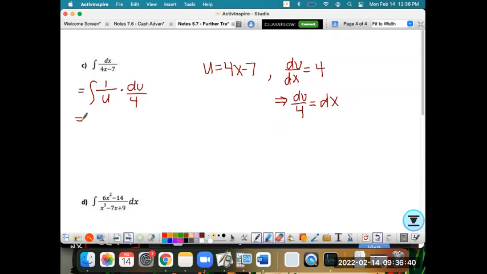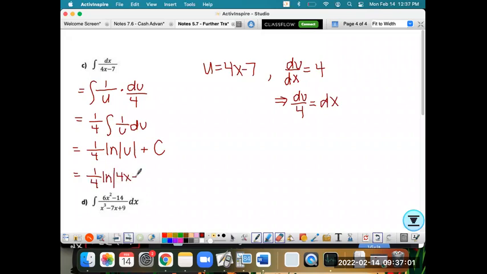I'm going to go ahead and factor that 1/4 out front. And then I know the antiderivative of 1 over u is ln absolute value of u plus c. And then I go to back substitute.